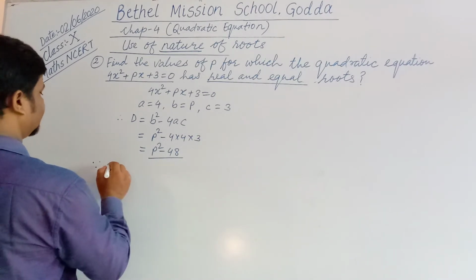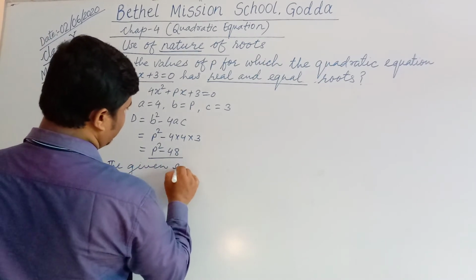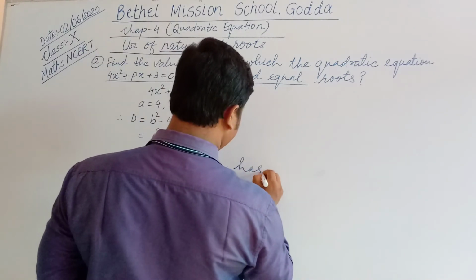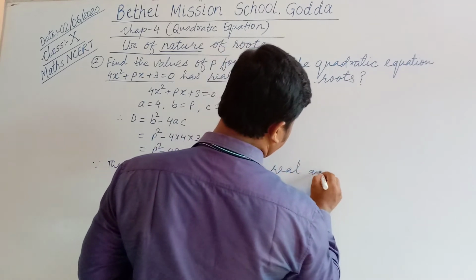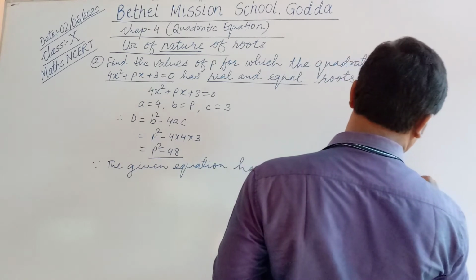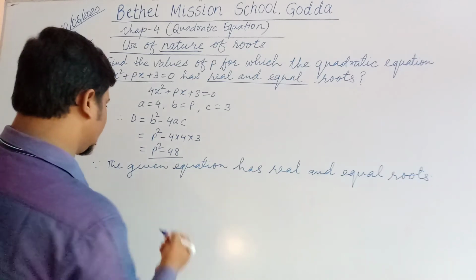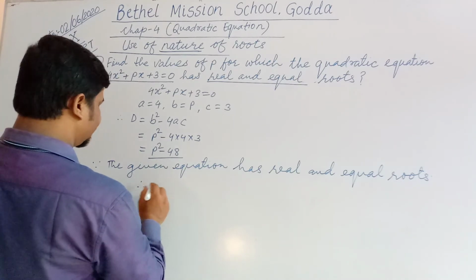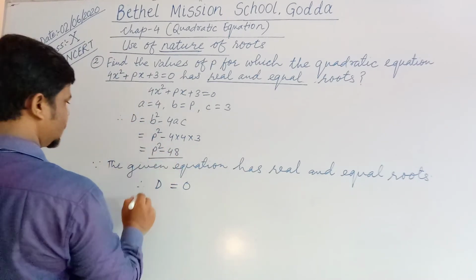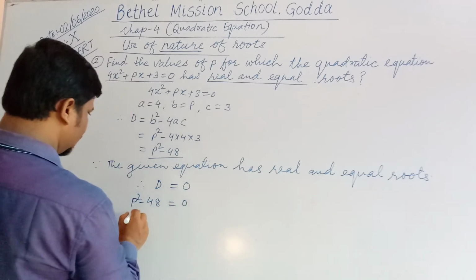Since the given equation has real and equal roots, the discriminant must be 0. Therefore D is equal to 0, and p square minus 48 equal to 0.